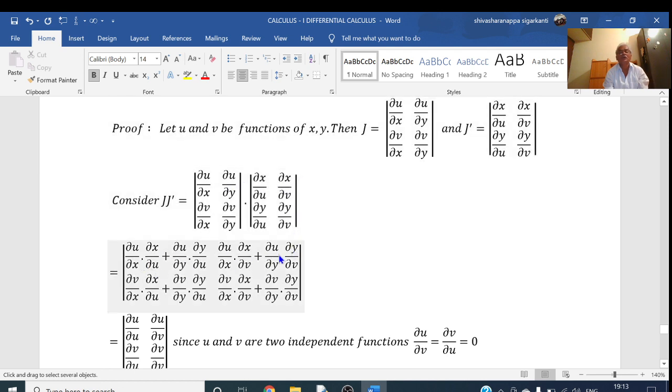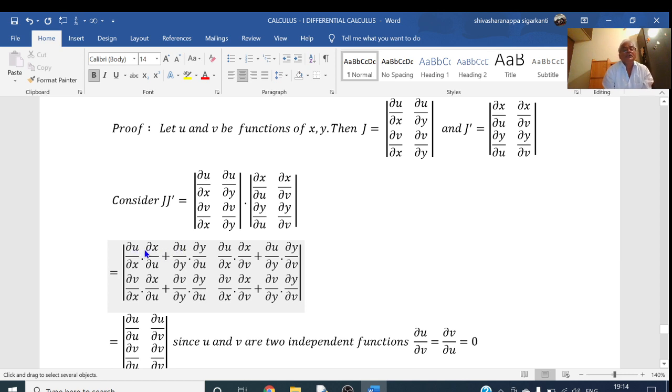Okay, this is the first row elements. Second row, first column: ∂v/∂x times ∂x/∂u plus ∂v/∂y times ∂y/∂u, this term. And second row, second column: ∂v/∂x times ∂x/∂v plus ∂v/∂y times ∂y/∂v.